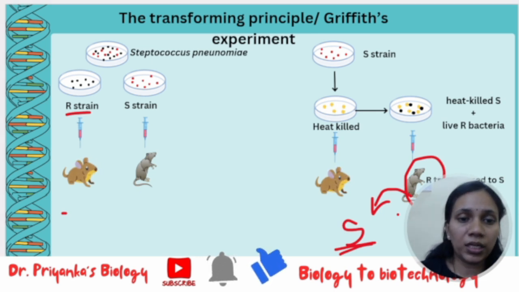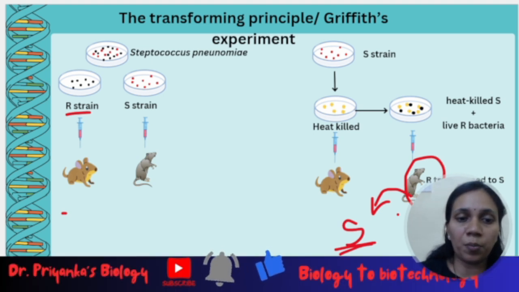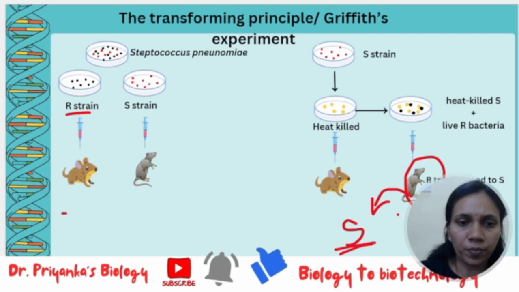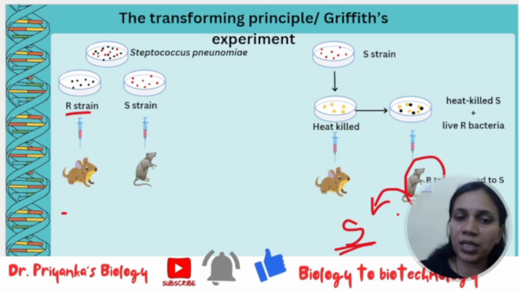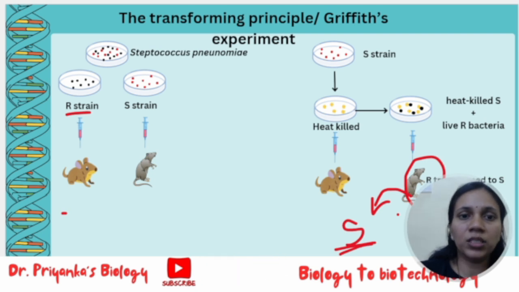So he started analyzing whatever he had obtained from the dead mice, and then he said that something must have happened, somehow the R strain must have got changed.